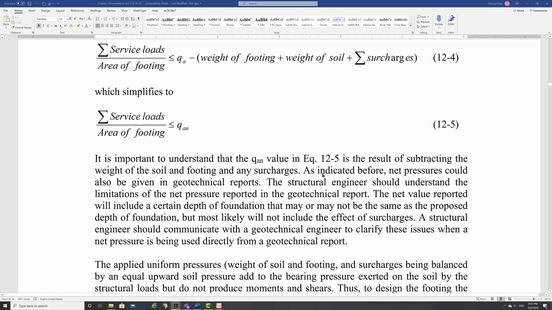This is important because sometimes in the geotechnical report, they will give you a net value. So you may want to call and ask what values they used to find the net value, and make sure you understand what value you are getting.